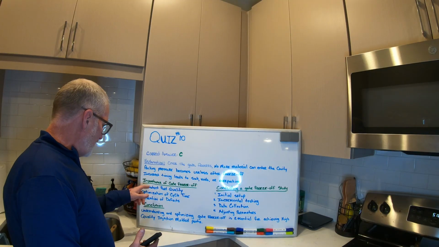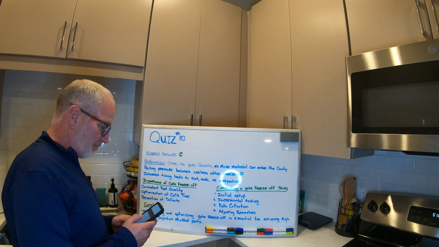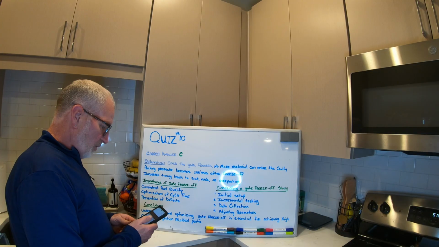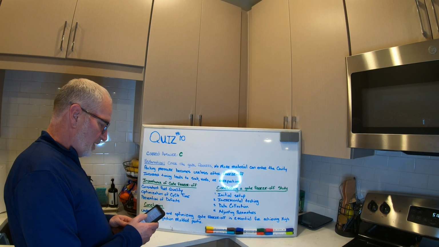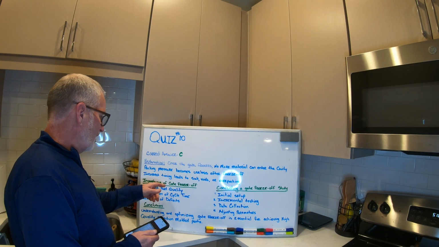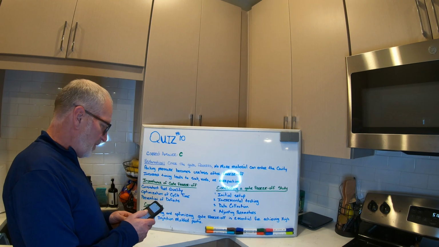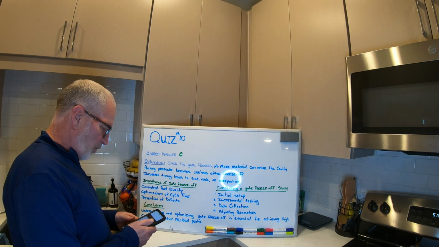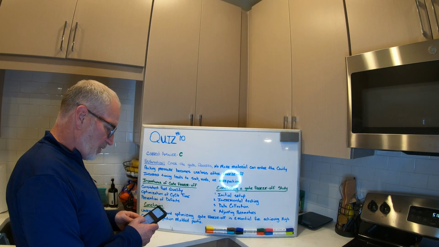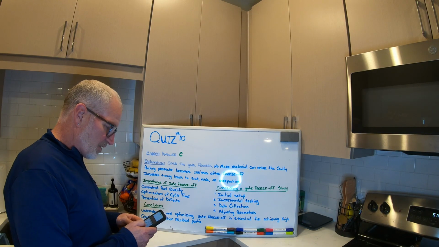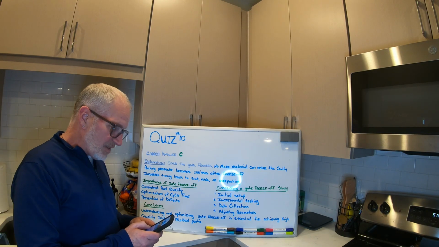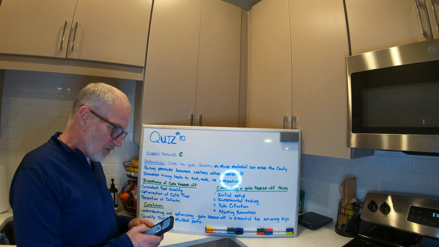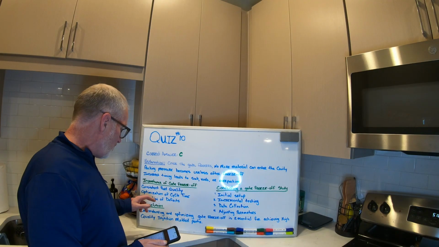So what I did is I wrote down some stuff for each one of these. The importance of gate freeze: think about this. Consistent part quality. Proper determination of gate freeze-off time helps maintain consistent part weight, surface finish, and dimensional stability across part runs.